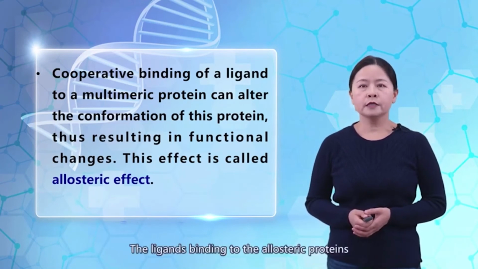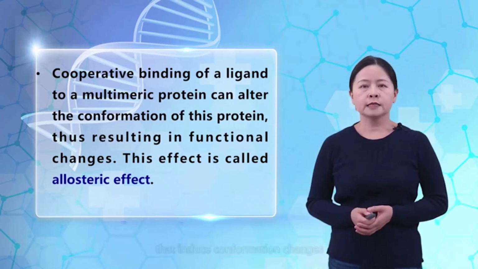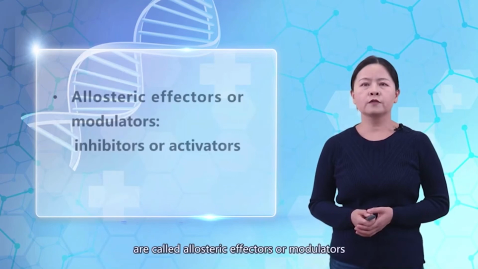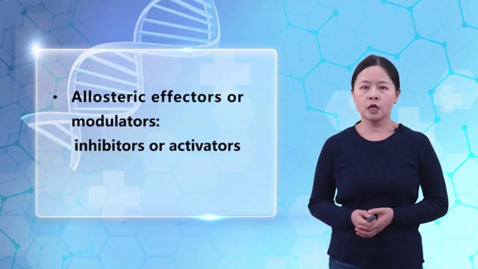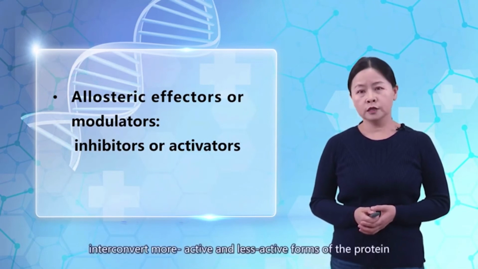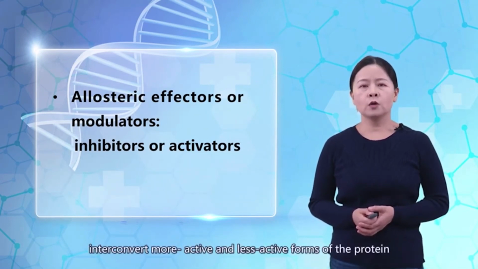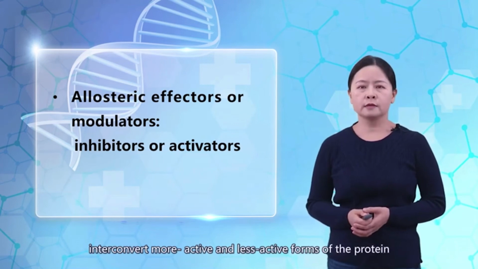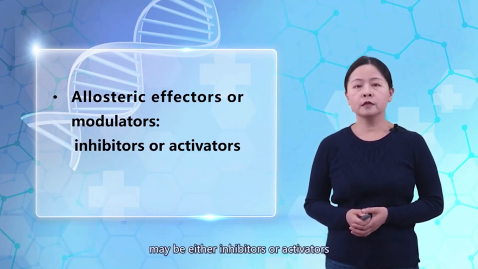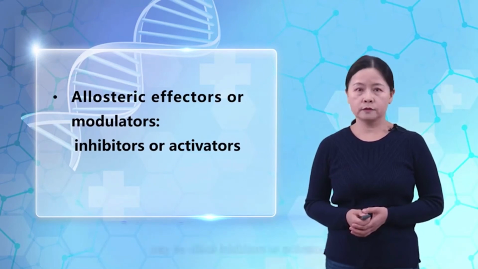The ligands binding to allosteric proteins that induce conformational changes are called allosteric effectors or modulators. The conformational changes induced by the modulators interconvert more active or less active forms of the protein. The modulators for allosteric proteins may be either inhibitors or activators.